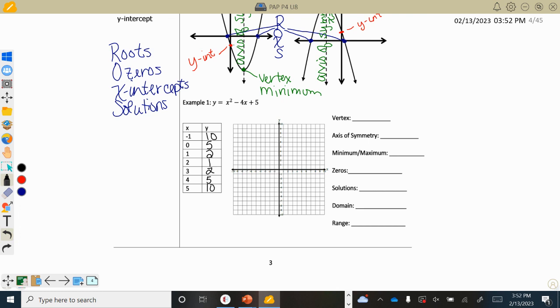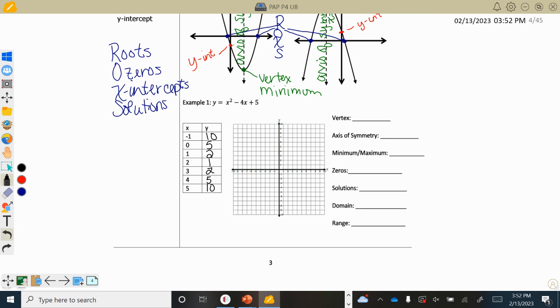So these are our points. I just got these by going to the calculator to y equals, typing in my quadratic equation, and then looking at my tables. So we can use this to graph our parabola.